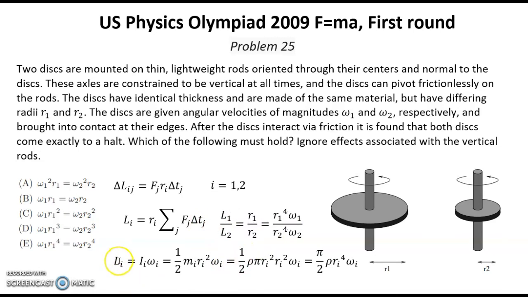So after dividing L1 over L2 for this expression, we have this relation, and it's equal to the initial relation r1 over r2. We can cancel r1 and r2 once, and finally we have this relation: r1 cubed multiplied by omega1 equals r2 cubed multiplied by omega2. This is the solution, and that's answer number D. Correct answer.